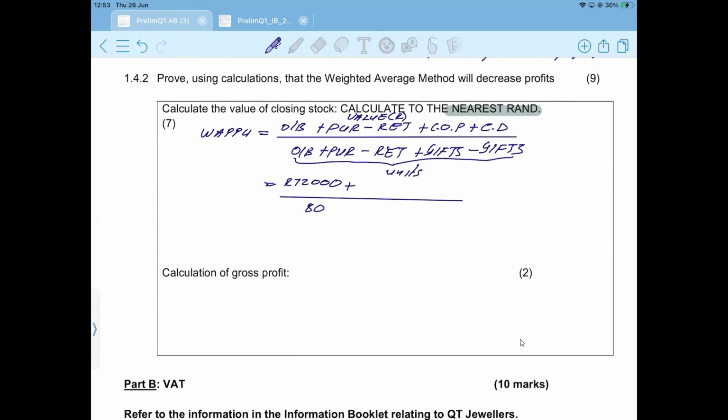The rand value of purchases was 615,000. And the units were 520. Then the rand value of your returns was 8,100. We actually minus returns. And the units of your returns were 6. This will give us the weighted average cost that we can use to calculate the value of our closing stock.